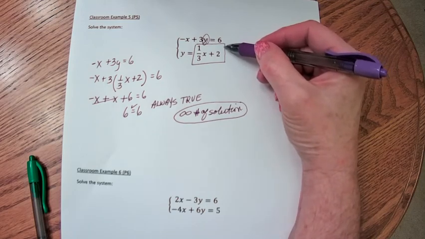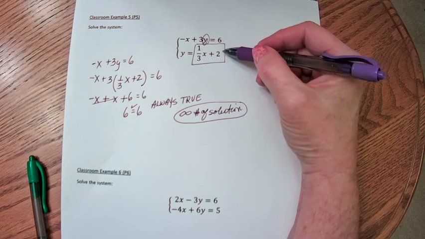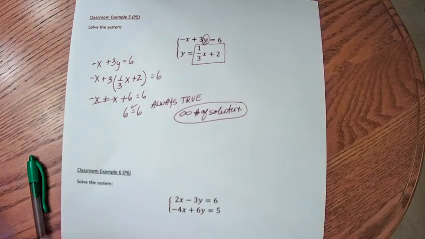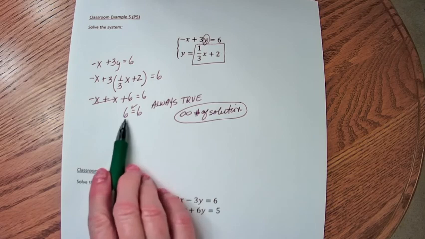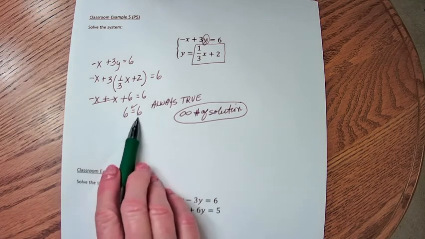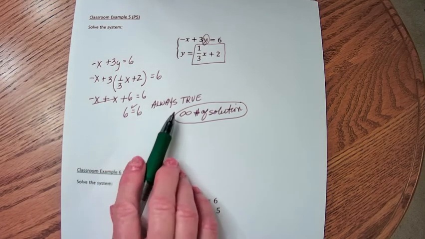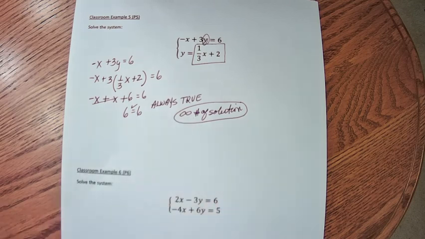These are equivalent lines. If we were to graph these, they would be right on top of each other. If in solving using substitution you get a universally true statement, that means there's an infinite number of solutions.